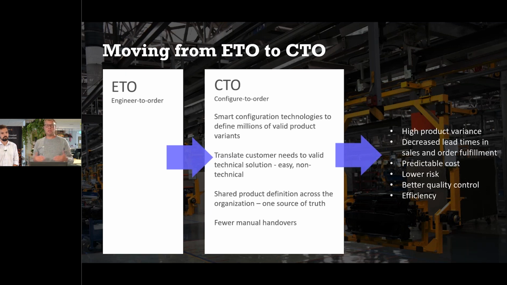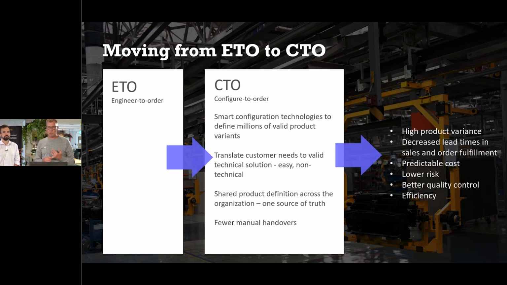And that means that you can communicate your product values and your deliveries in a much more consistent way with higher customer satisfaction rate. And of course, you also have fewer manual handovers because everything in its digital thread is digitalized in that sense. And this all leads to a number of benefits.